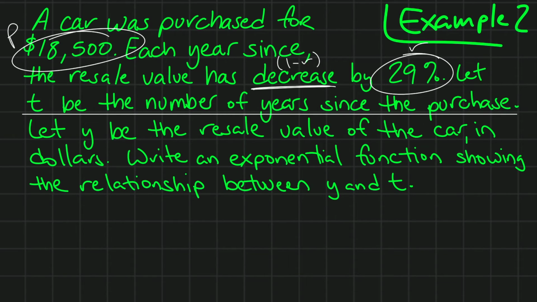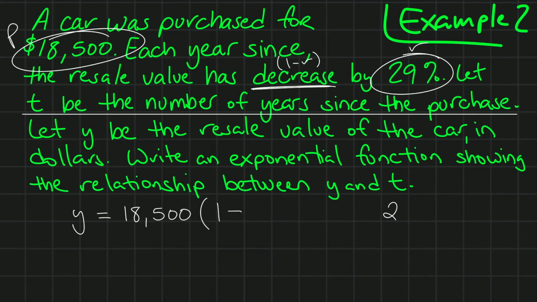Now we just need to use our formula from before. Y is equal to the initial amount, so we have $18,500. We're decreasing, so it's going to be 1 minus our rate, which is 29%.